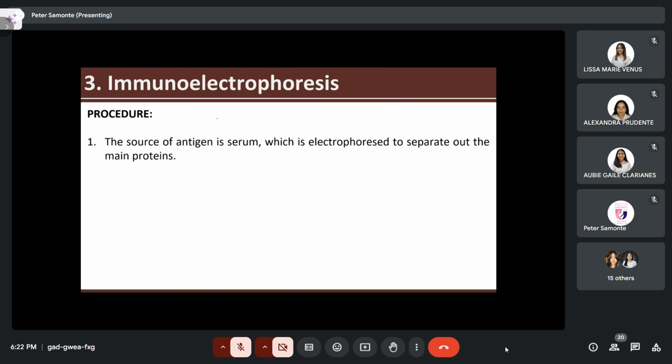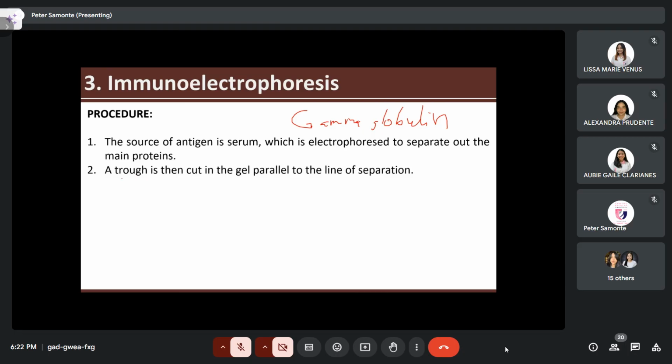Yung albumin, yung alpha 1, alpha 2, and your gamma globulins or yung mga antibodies nyo. So you would perform electrophoresis on serum to separate the main protein. So tanggalin mo yung gamma globulins, tanggalin mo yung alpha 1, alpha 2, and even your albumin.